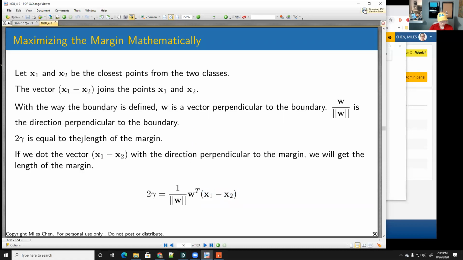And just for simplicity, we're going to call the length of the margin equal to 2 gamma. It's just some constant, but for the sake of the math, we're going to say the length of that margin is 2 gamma, all right? Is this okay so far?